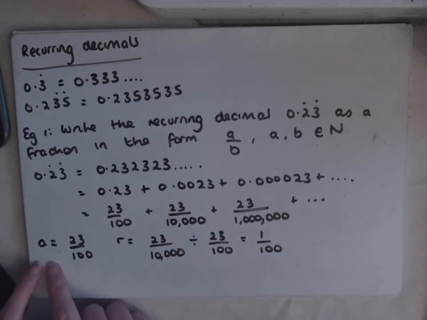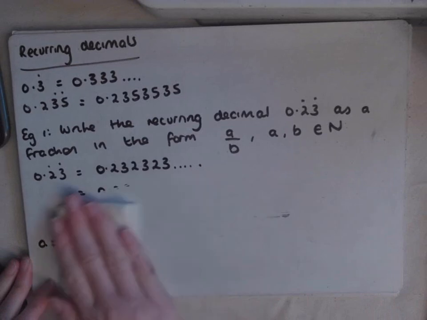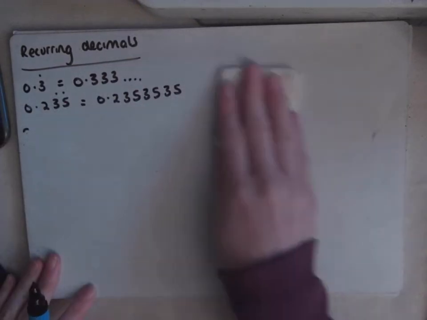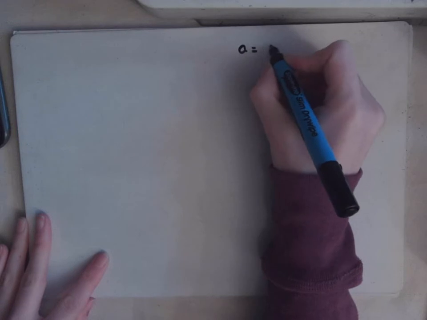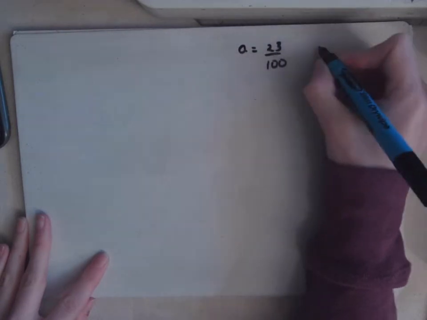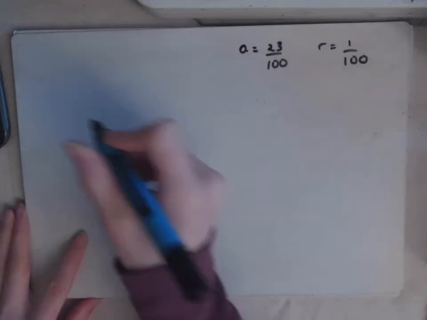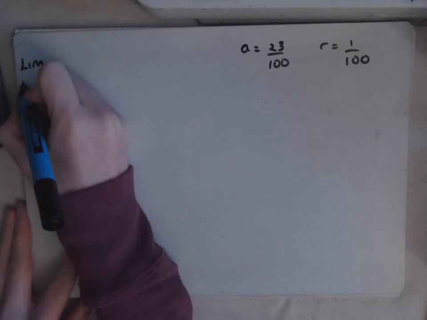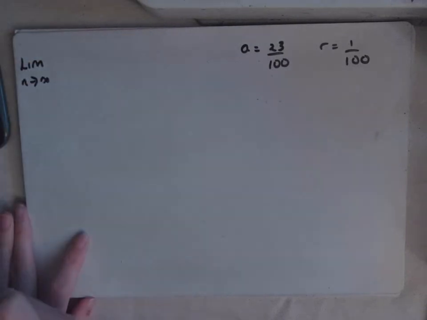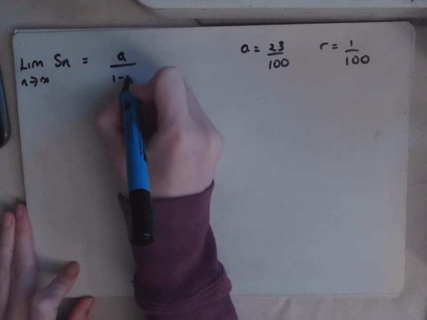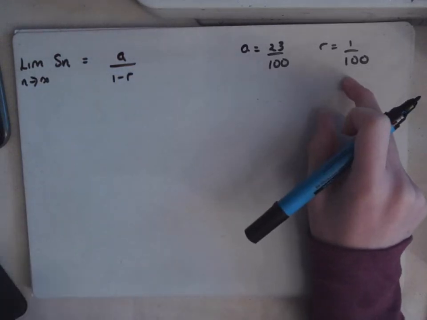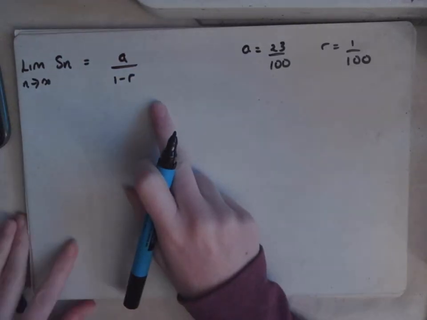So there's my a and there's my r. So I'm going to get the limit as n goes to infinity of Sn, and I know that is a over 1 minus r. Because my r is less than 1, I can use this formula.